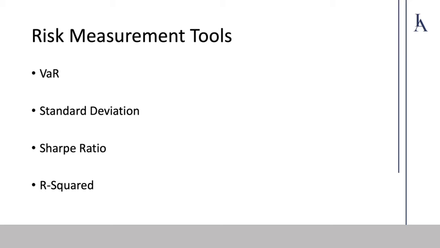Then there are things like standard deviation, which is basically a measure of dispersion and possibility of outcome, as well as Sharpe ratio and R squared, which are used as well. So this is risk measurement, which again serves three major roles: uncovering and identifying the known risk, dealing with it, and then uncovering the unknown risk.